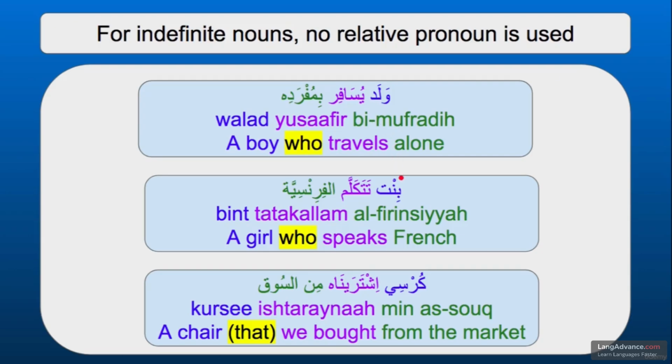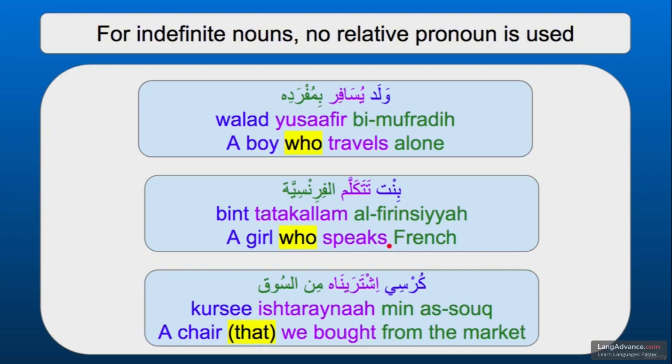And we can find another example for an indefinite noun, but this time for female. So it's like بنت تتكلم الفرنسية, a girl, which means بنت, تتكلم, which means speaks, and الفرنسية, which means French. So a girl who speaks French.